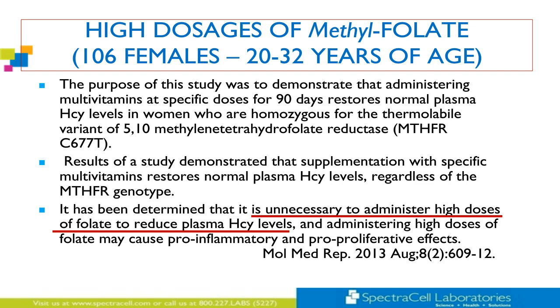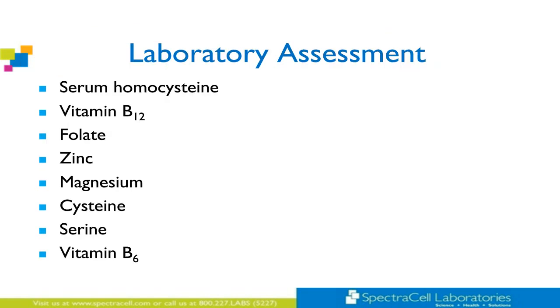So again, 800 micrograms, 1,000 micrograms typically is plenty, as long as everything else is also working nicely. For our laboratory assessment, again, these are the 7 nutrients along with our laboratory evaluation of homocysteine that I look at when evaluating homocysteine risk and intervention.